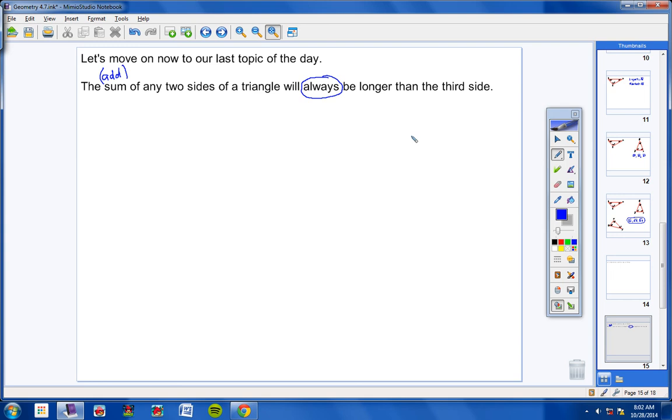The sum of any two sides of a triangle will always be longer than the third side. Always. So please copy that down.